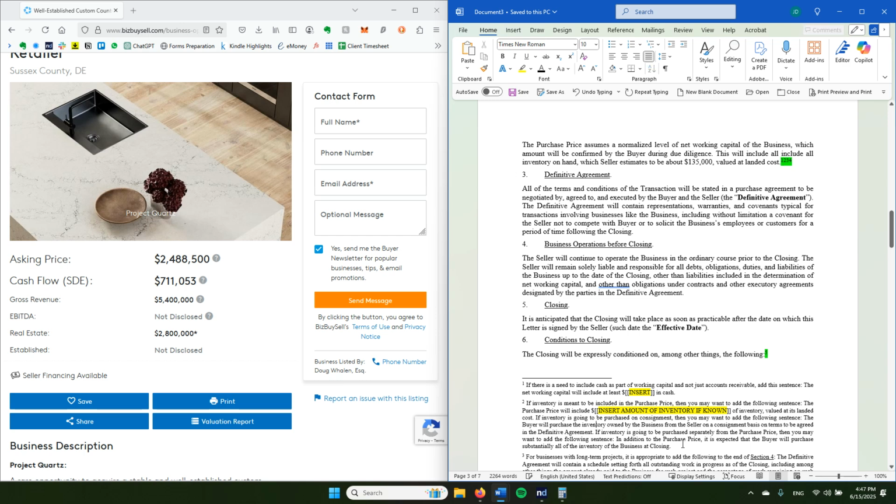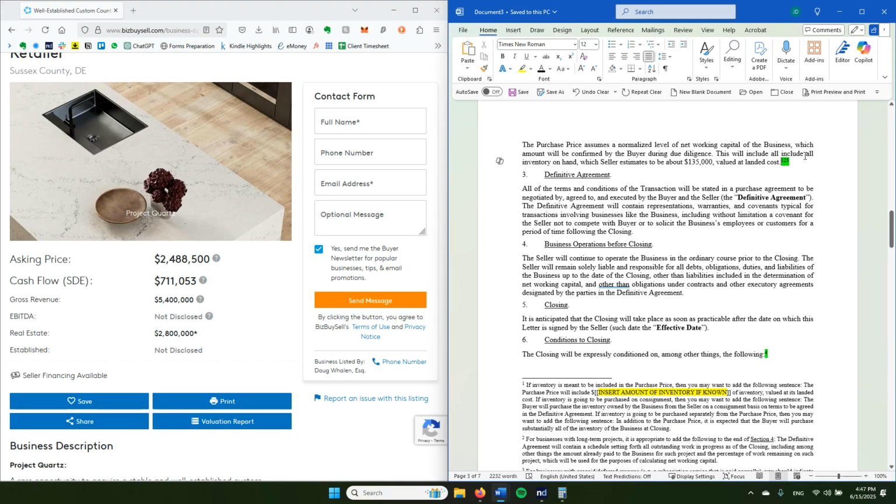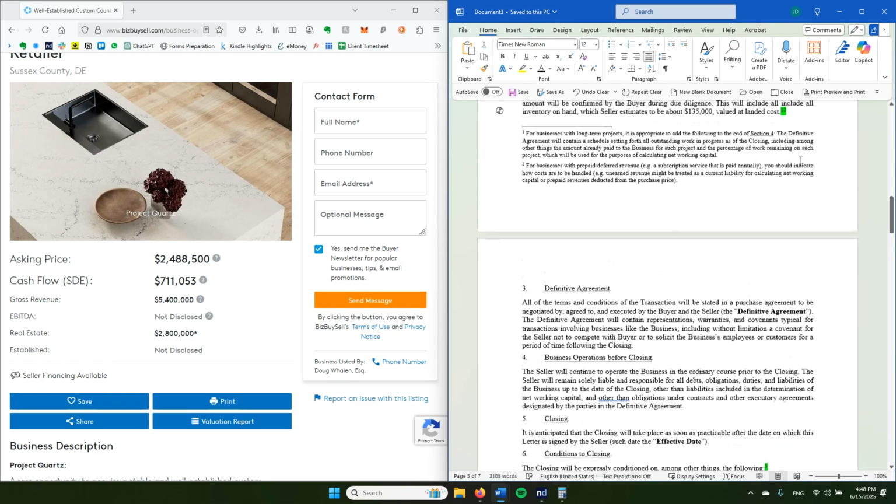And that is this footnote. So we don't need cash to be part of the working capital here. You very rarely will, but sometimes it's possible you would. All right, so inventory, here we go. That's basically what I've added. I just typed it out instead.